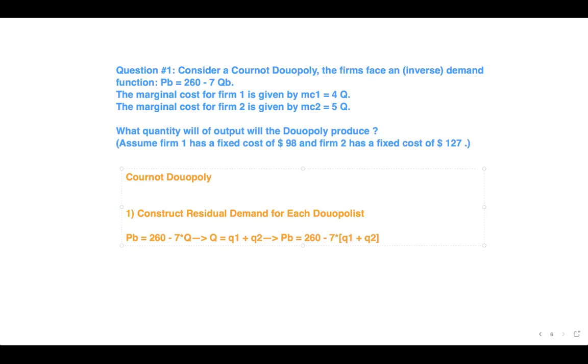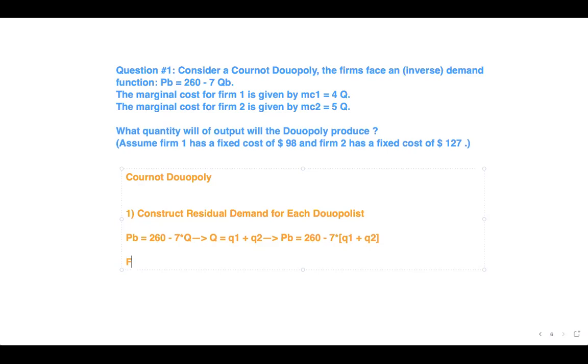So now the key is that if you're, for example, going to construct the residual demand for firm one, let's call it P1, then that means you're treating Q2 like it's a constant.